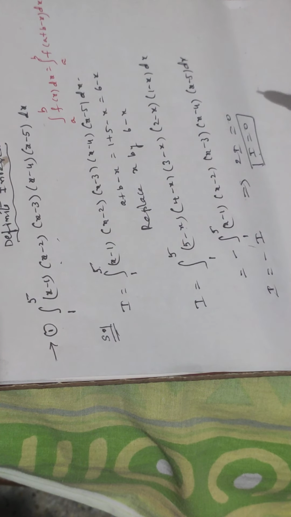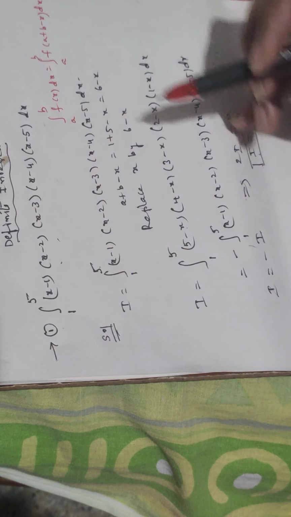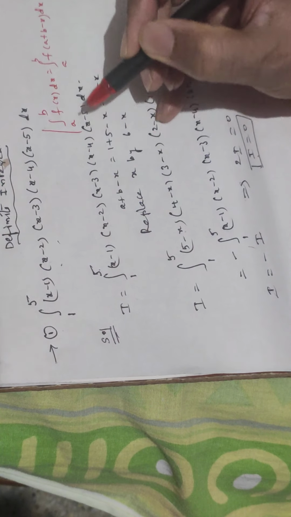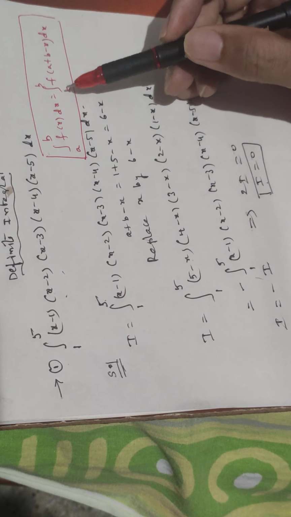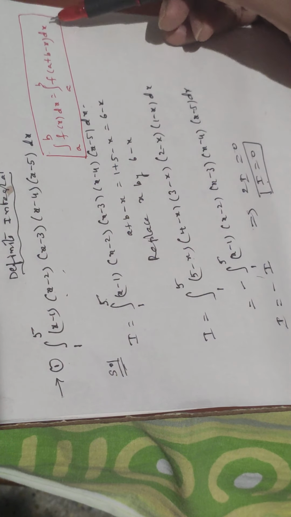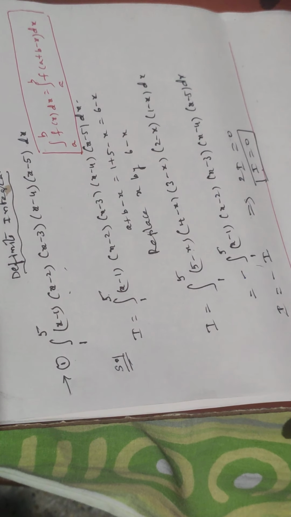This is exactly our given integral I. So I equals minus I, which implies 2I equals 0. So what is the integral value? 0. So by using the property, directly we get this answer. This is a very important property. Many times in competitive exams the problems are based on this property: integral a to b f of x dx is the same as integral a to b f of (a plus b minus x) dx.